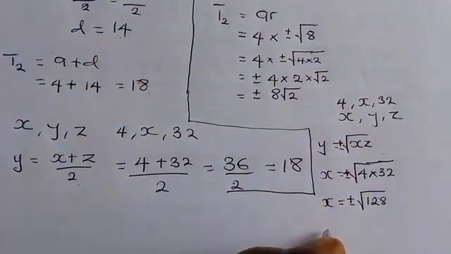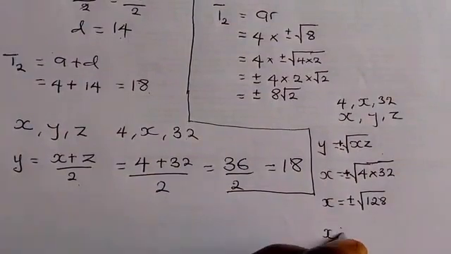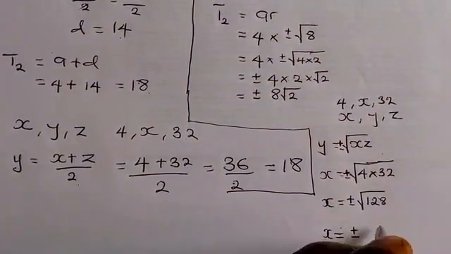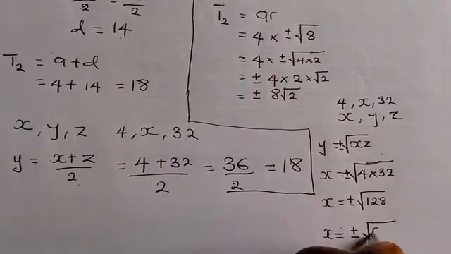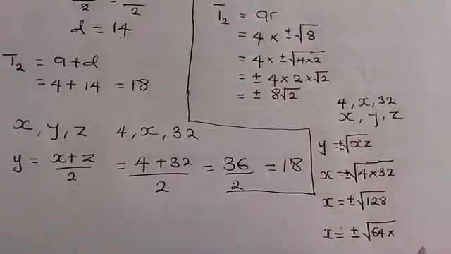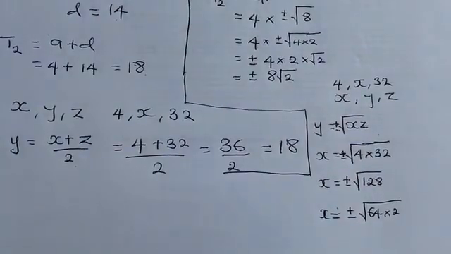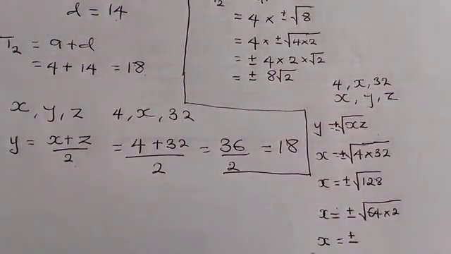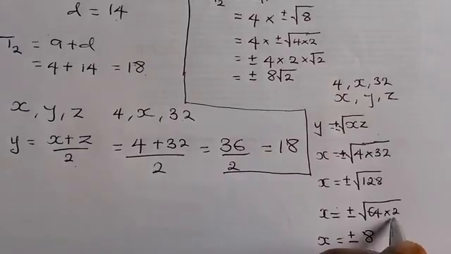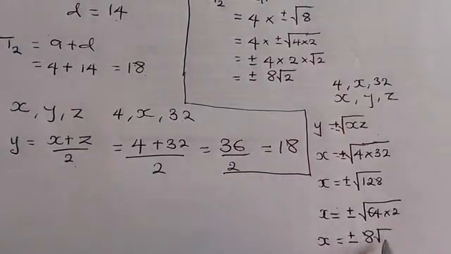And the square root of 128 can be simplified further, because this is equal to 64 multiplied by 2. 64 times 2 gives us 128. So that we have x equal to plus or minus the square root of 64, which is 8, multiplied by the square root of 2, we have 8 root of 2.